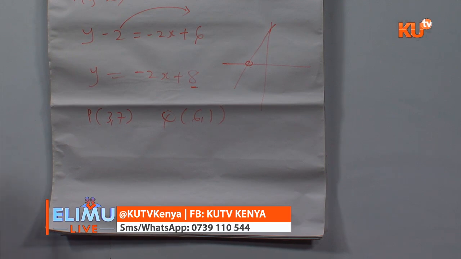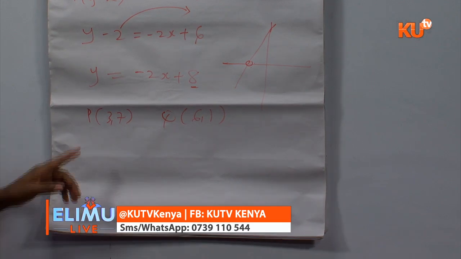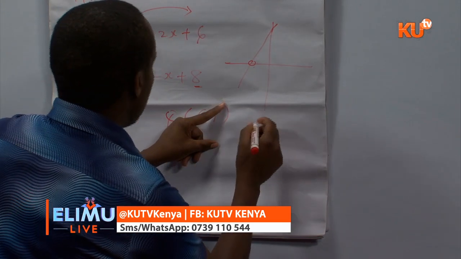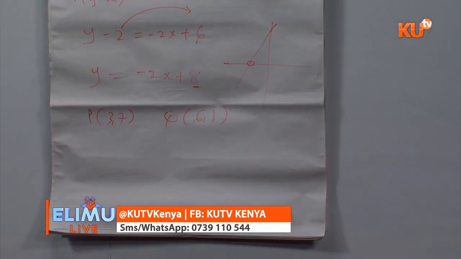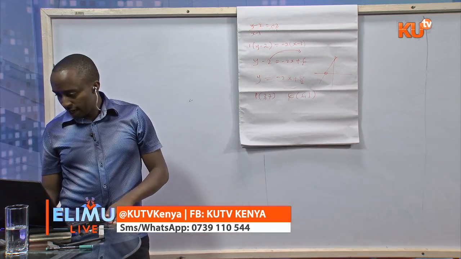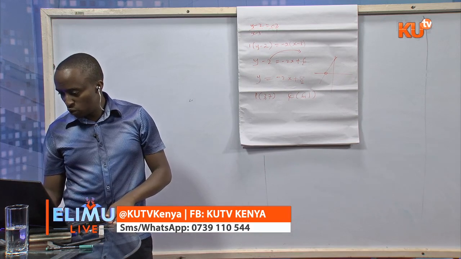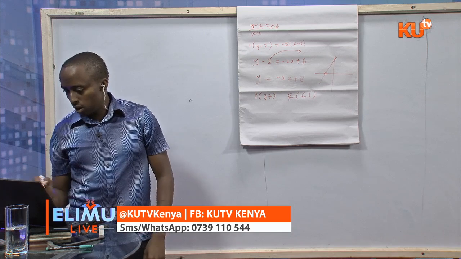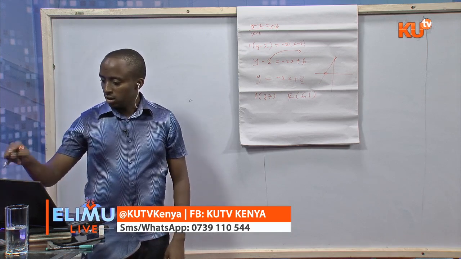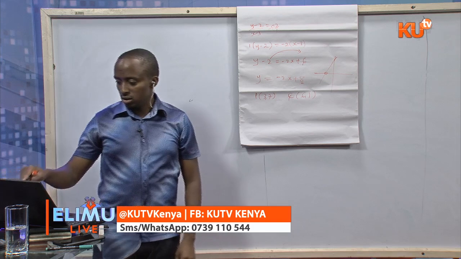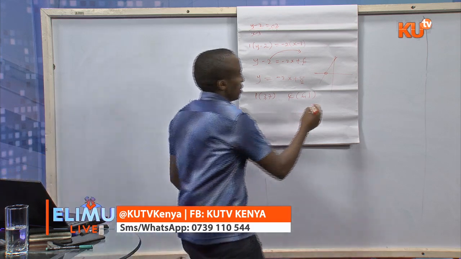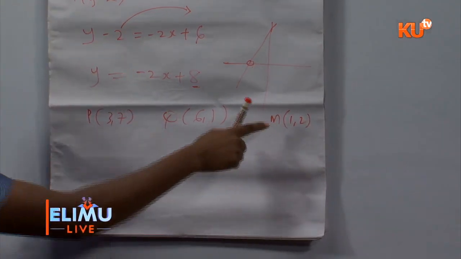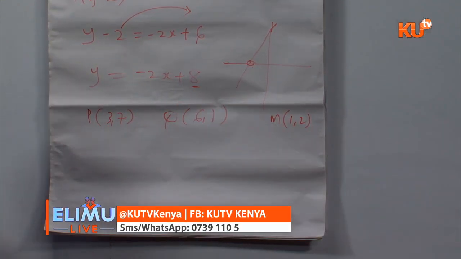The whole question will read like this: find the equation of the line which passes through the points P (3, 7) and Q (6, 1), and meets line M at 90 degrees, where point M is given to be (1, 2). We are able to find the equation of this line.